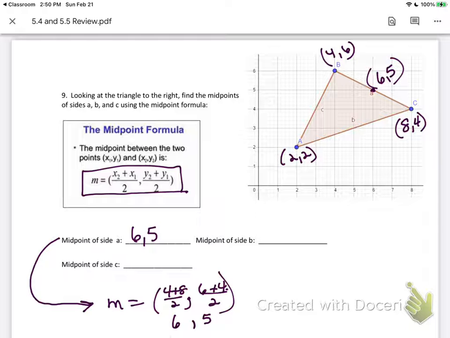Okay, so let me change colors, and we will do the midpoint of side B. So let's maybe do this up here.